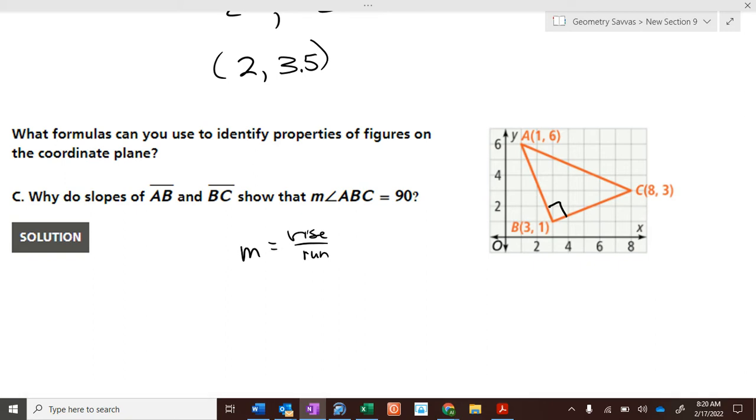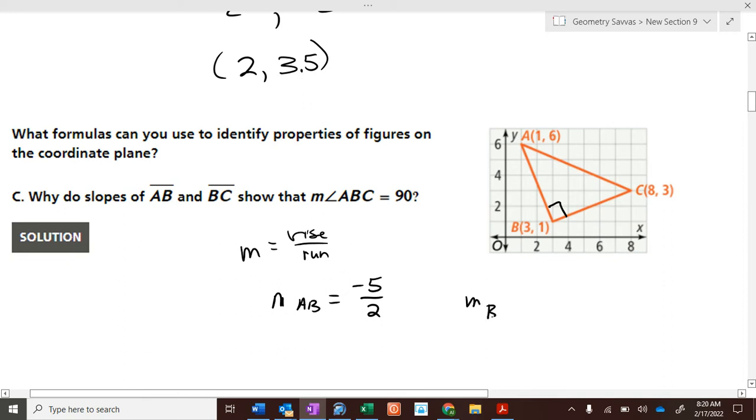Okay? From A to B, we rise a negative 5, run to the right, how far? 2. So the slope of AB is negative 5/2, because instead of going up, we go down 5 and to the right 2. For the slope of BC, what's our rise?